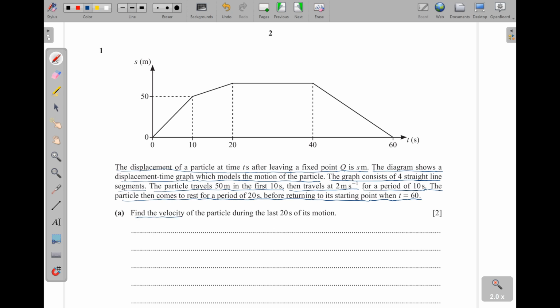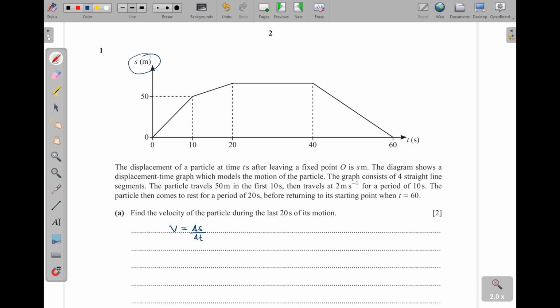Find part A, the velocity of the particle during the last 20 seconds of its motion. Now, we know that velocity is the rate of change of displacement, okay? So v is equal to the change in displacement over the change in time.